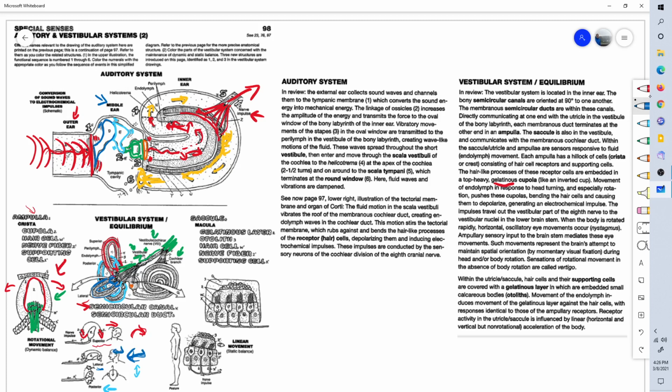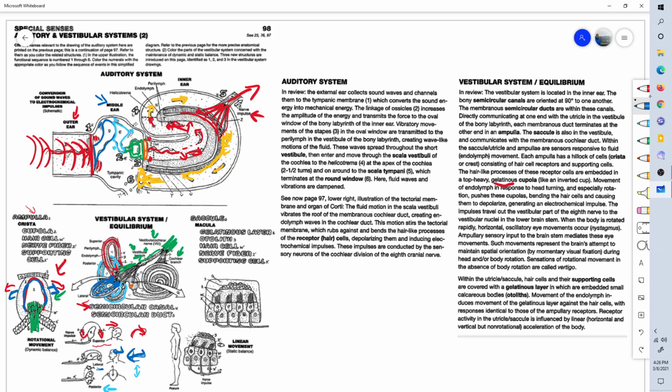Well, the fluid in this lateral semicircular canal is going to start moving and shifting and shaking. And the ampulla and the cupola inside these ampullae, here and here, are going to start swaying back and forth to the right and to the left as you move.